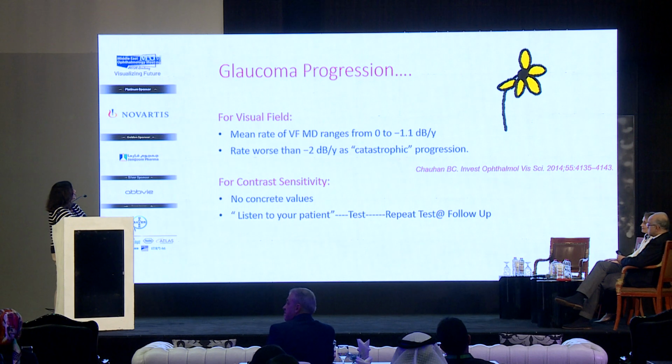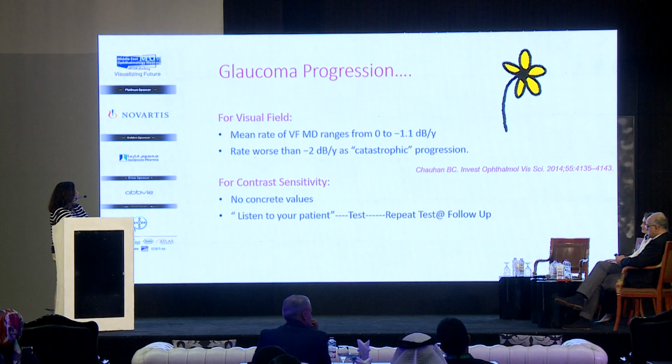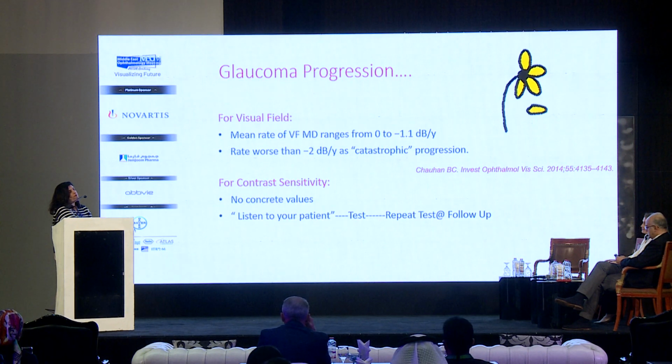When it comes to glaucoma progression, till now we have been using visual fields, and now we can even start using contrast sensitivity as a tool to detect progression, because in advanced cases there is a floor effect with the OCT, and there is so much dampening of the field with a 24-2 and a 10-2. So for them, I think contrast sensitivity works much better.